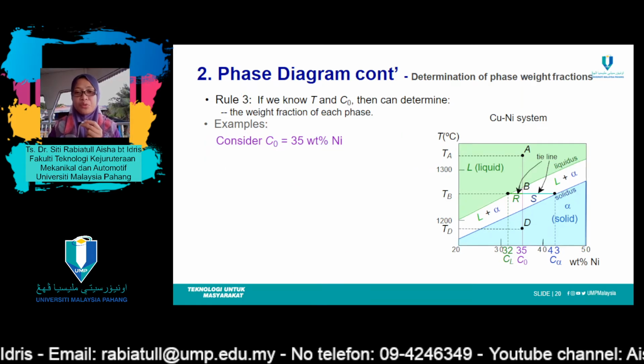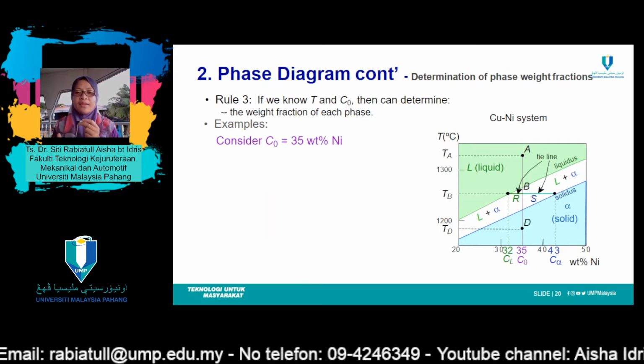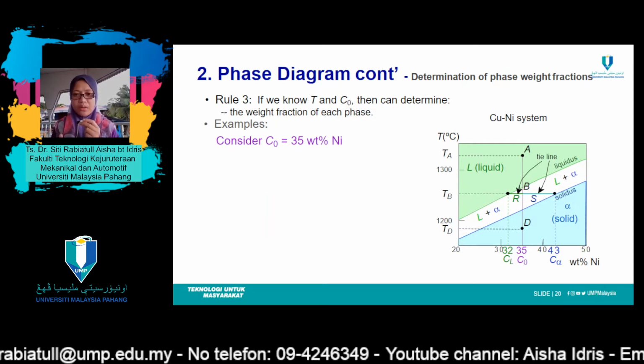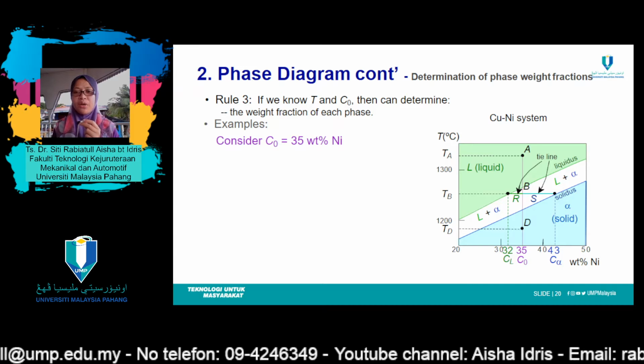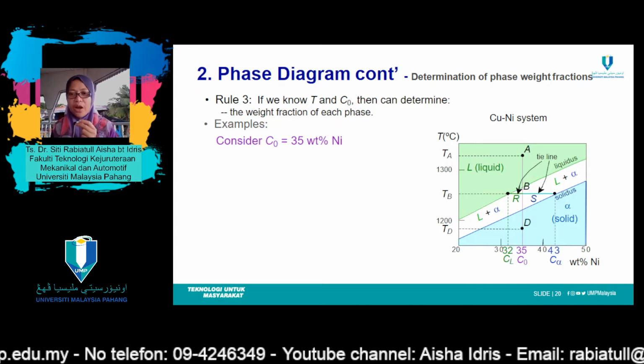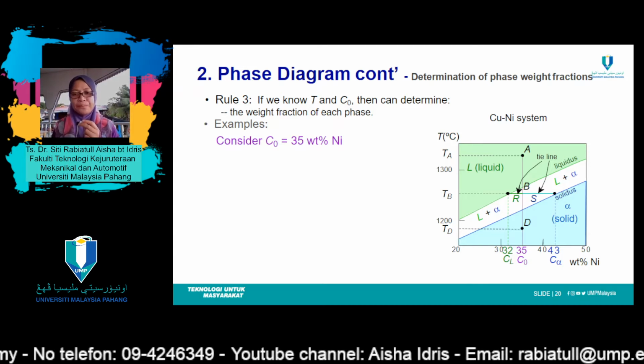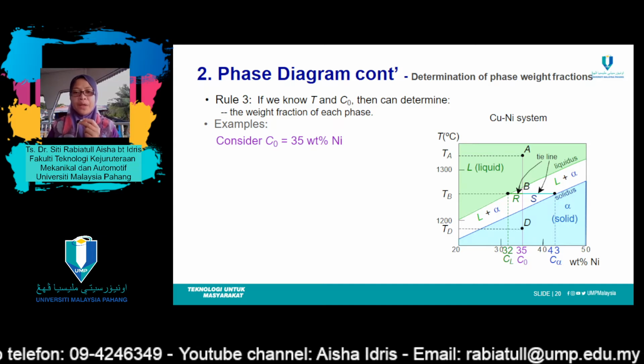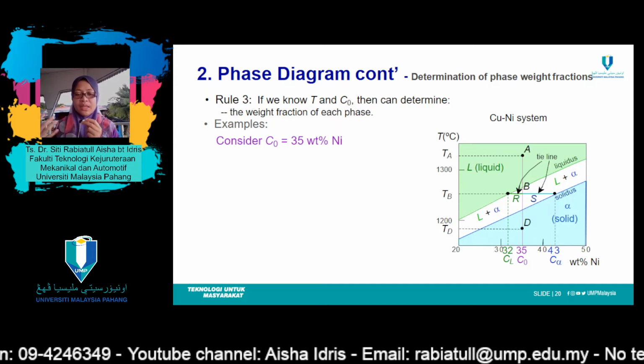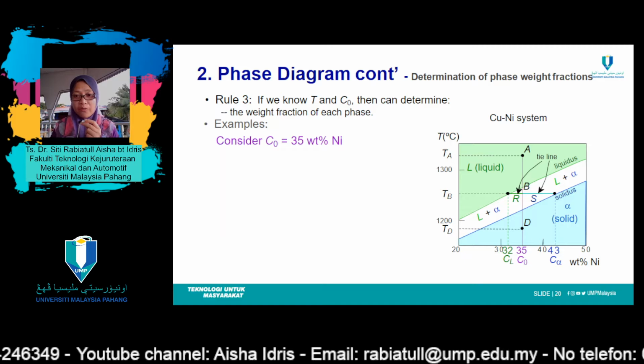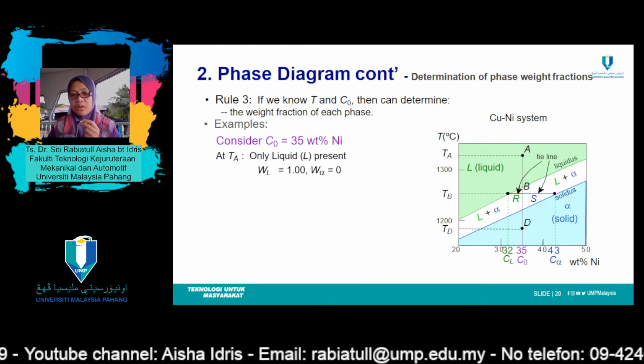Now let's move on to rule number three. It says that if we know the temperature and C naught, then we can determine the weight fraction of each phase. Considering C naught is still the same, equal to 35 weight percent of nickel.